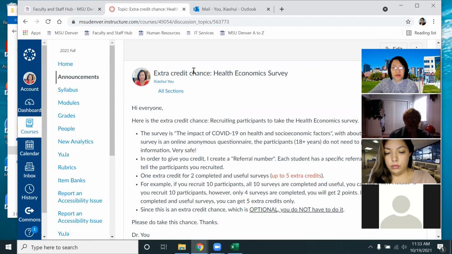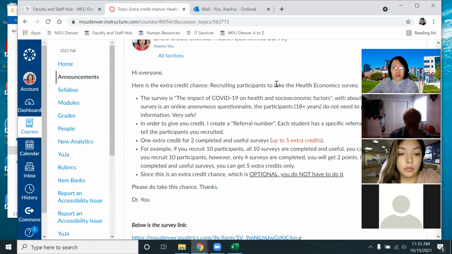This is the extra credit economic survey, and here are the detailed instructions. If you can recruit 10 participants, you will get up to 5 extra credits. More than 10 is not needed, 10 is the highest, no more than 5 extra credits. So this is a very good chance.